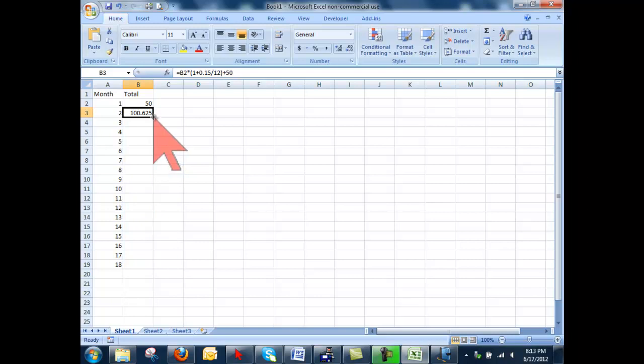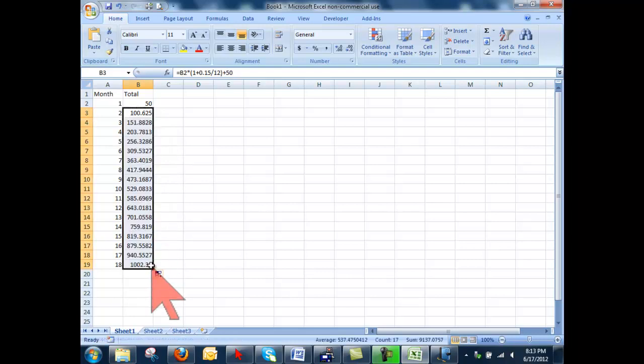Again, let me go to the lower right hand corner, left click, hold, and drag down, and release. Now let's come back here and look at these formulas and see what happened. Here's the 50 that I entered, here's the formula that we just entered a minute ago, and when I go to the next line, here is a formula that I copied, but notice something changed.